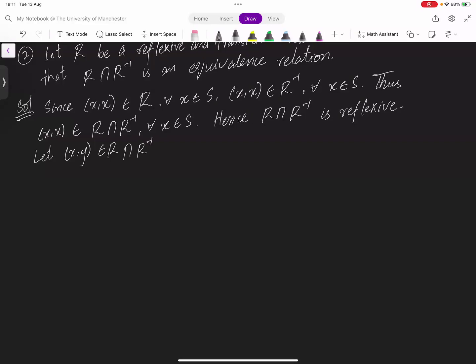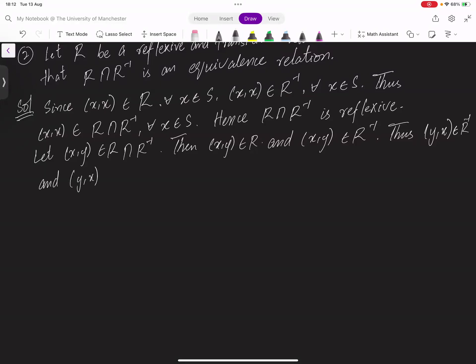That means this (x, y) is in R, and the ordered pair (x, y) is in R inverse, and thus (y, x) is also in R inverse, and (y, x) is also in R. So if you assume that there is an ordered pair (x, y) inside the intersection, these two are straightforward.